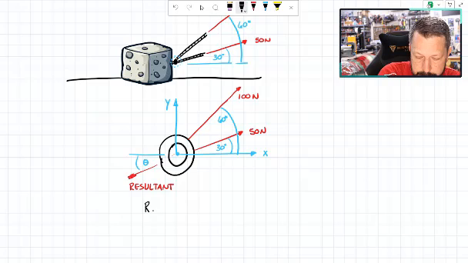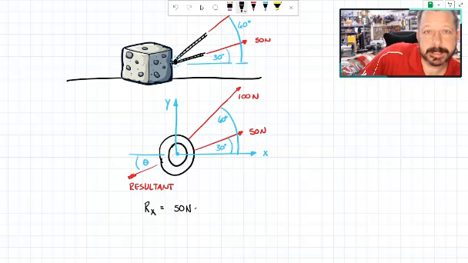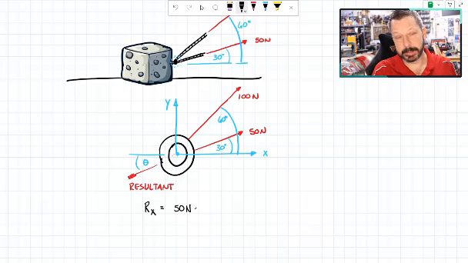So the resultant's X component, so I'm using R for resultant and subscript X for the resultant's X component, is equal to the 50 newtons times the X component of the 50 newtons. If you don't remember how to do the X and Y components, you're going to need to go back and review some sine and cosine and maybe even tangent. If you don't remember how to do that part, then send me an email or something like that so I can go back and help you with that. But I'm assuming you remember how to do that.